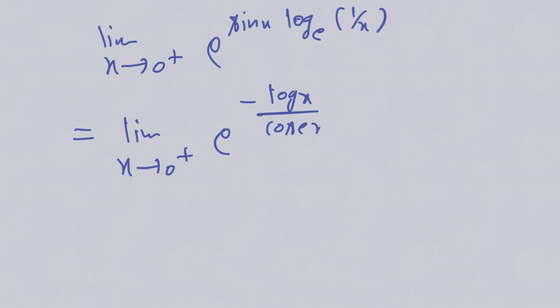Now remember, in such types of problems we always use L'Hospital's rule. Why? Because as x approaches 0 plus, log x approaches infinity, and cosec x also approaches infinity. So in the power, an infinity by infinity form is being made.